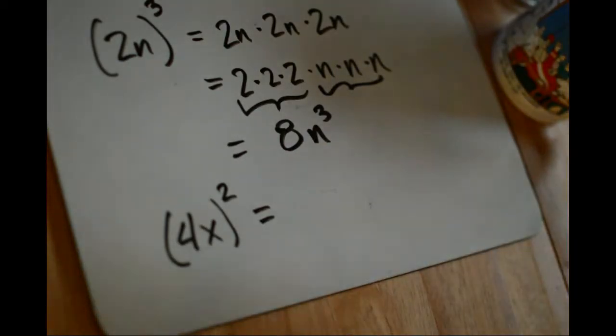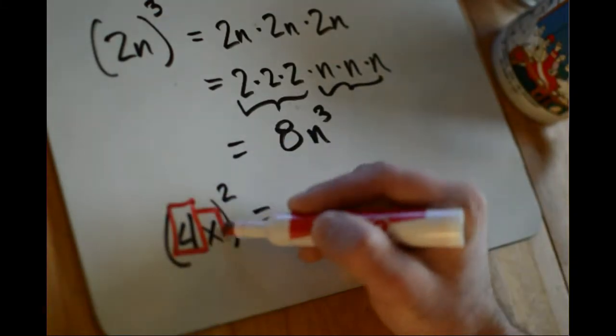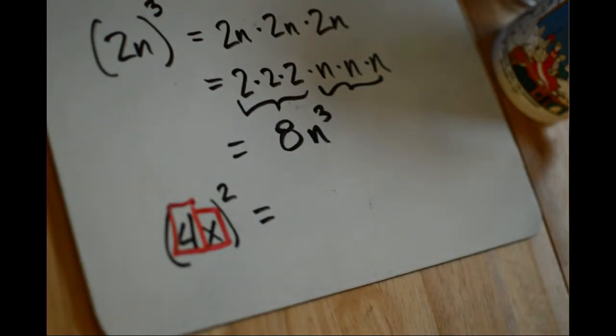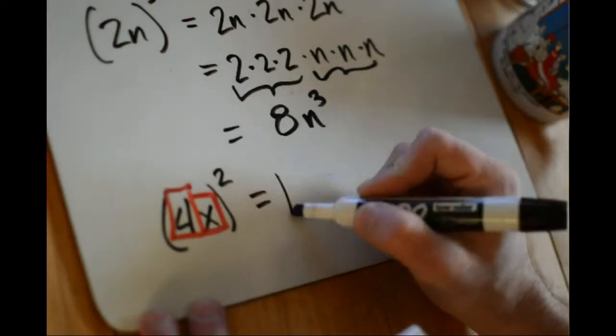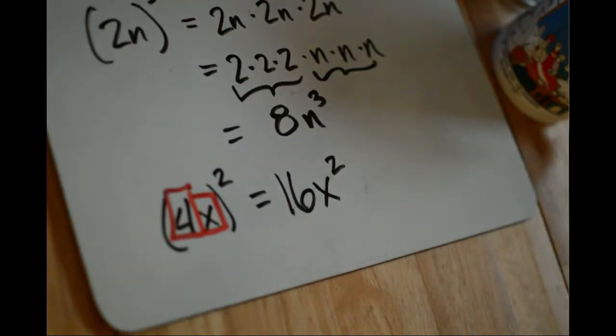We have this factor of 4 that is being squared, and we have this factor of x that is being squared. So if you square the 4, you get 16, and if you square the x, you get x squared. So the term 4x, all being raised to the second power, is 16x squared.